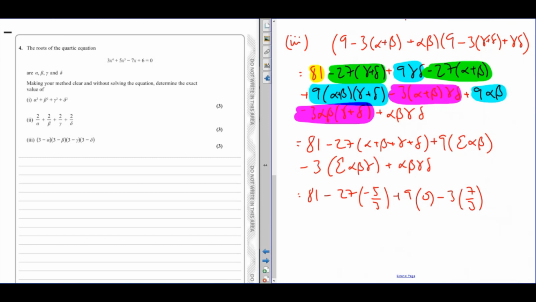And then finally we've got e over a, which is 2. That one. Work this out. 81 plus 45 minus 7 is 121.